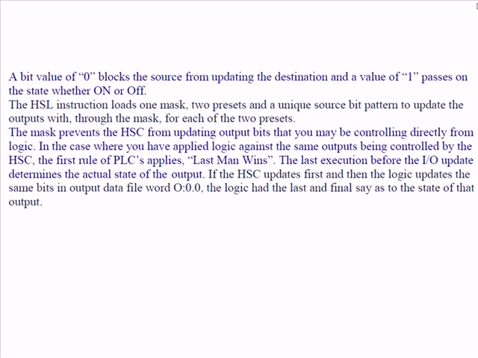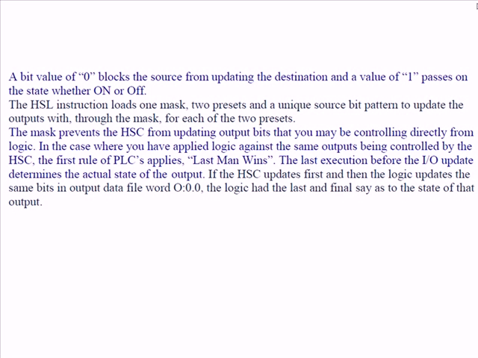The mask prevents the high-speed counter from updating output bits that you may be controlling directly from the logic. In the case where you have applied logic against the same outputs being controlled by the high-speed counter, the first rule of PLCs applies. Last man wins. The last execution before the I/O update determines the actual state of the output.